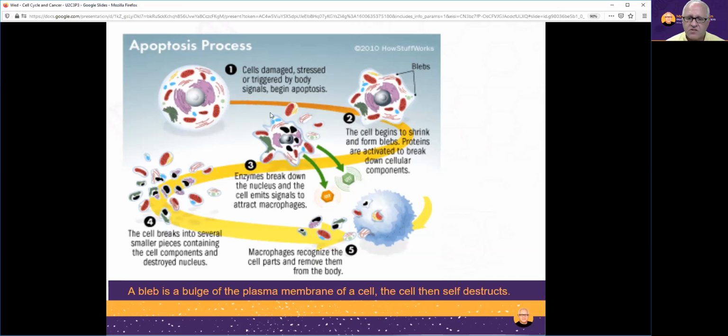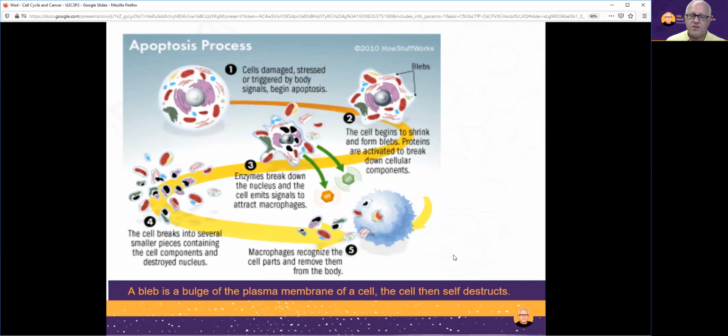The proteins are activated to break down the cellular components. Then enzymes break down the nucleus, and the cell starts to emit signals to attract macrophages. The cell then breaks into several smaller pieces containing the cell components and the destroyed nucleus. And ultimately, the macrophages recognize the cell parts and remove them from the body.